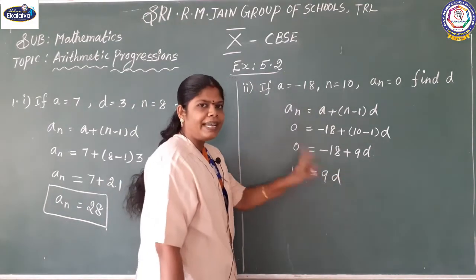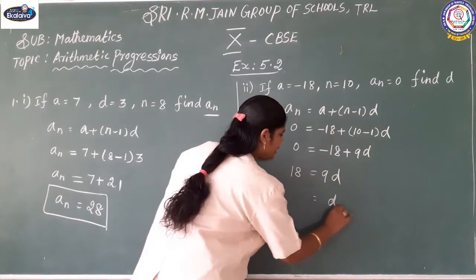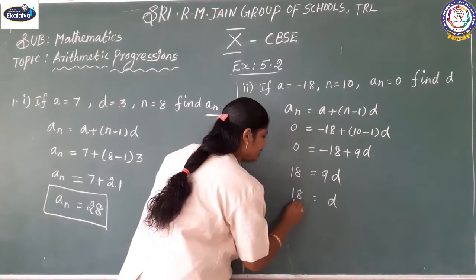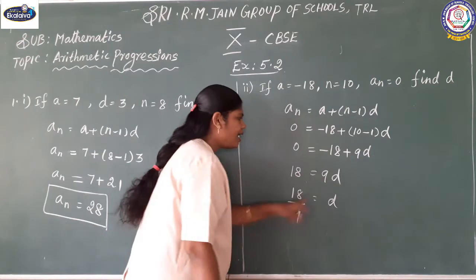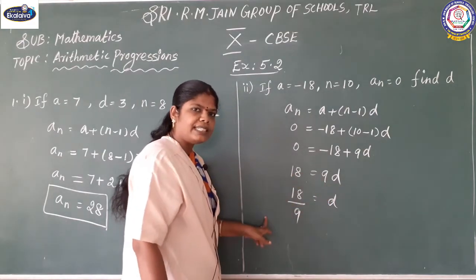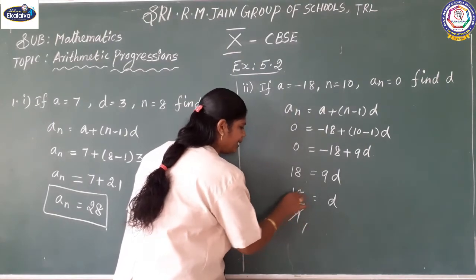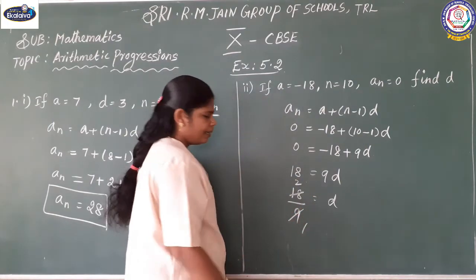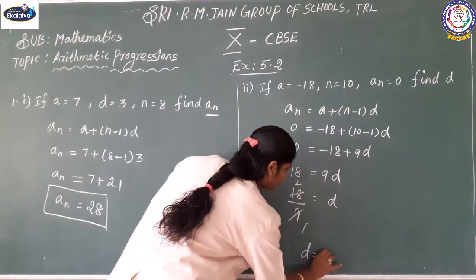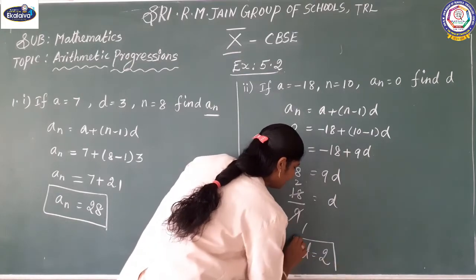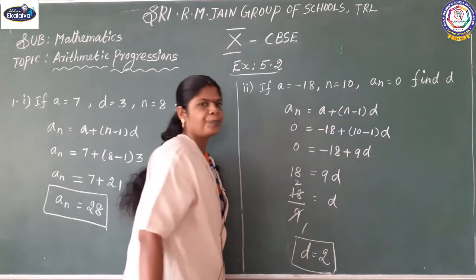We are going to find d. So d equal to 18 by 9, because multiplication will change to the other side as division. 9 ones are 9, 9 twos are 18. So what is the answer? d equal to 2. Therefore the common difference is 2.